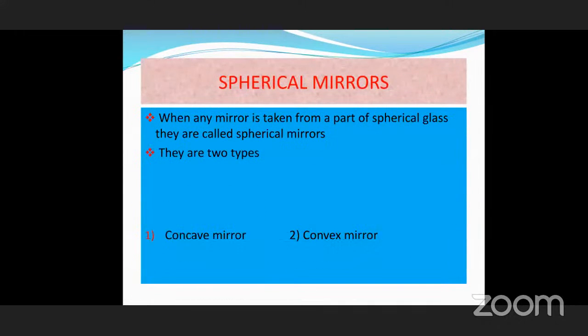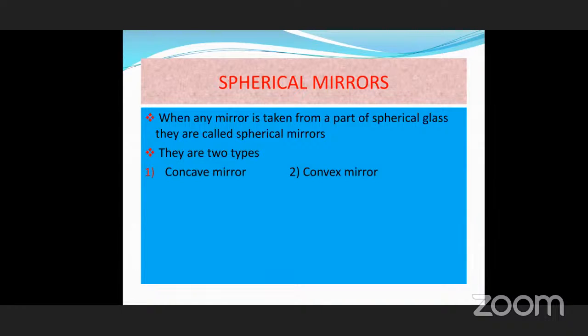Now let us see what spherical mirrors are. When a mirror is taken from a part of a spherical glass, if you cut a spherical glass you get two halves. When you take one side and polish it, it will be a concave mirror, and when you polish the opposite side, it is called a convex mirror.